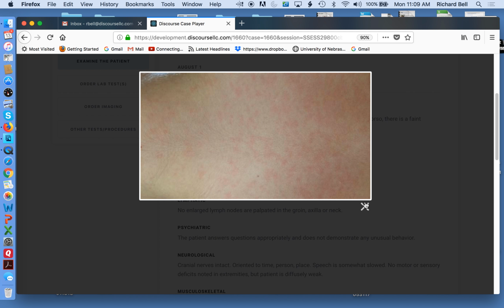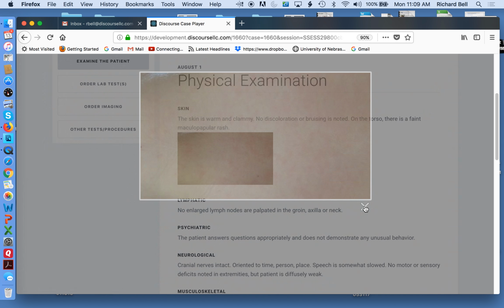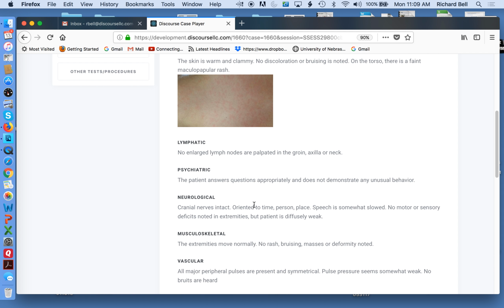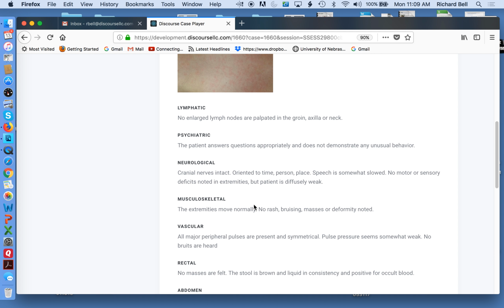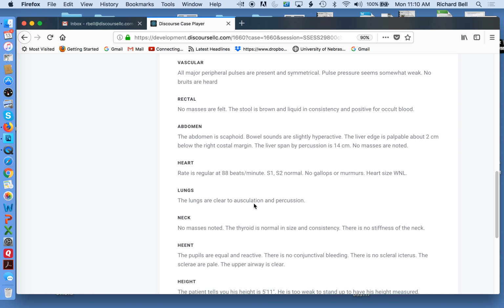He has a fine maculopapular rash. You can see the other results here.